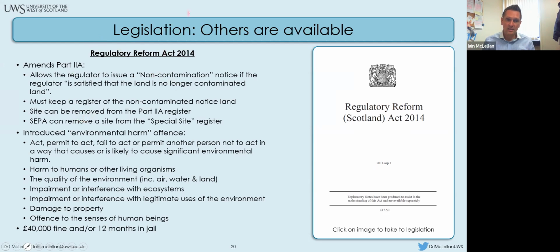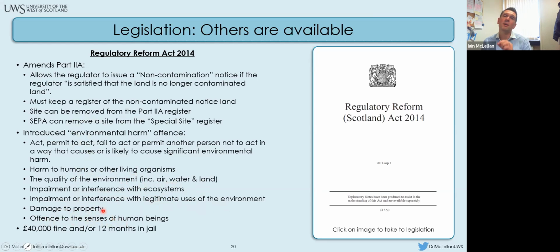And this act here also introduces the environmental harm offence. So it's harm to humans or the living organisms, the quality of air, water and land, interference or impairment of ecosystems, impairment or interference with legitimate uses of the environment, damage to properties or offence to the senses of human beings.